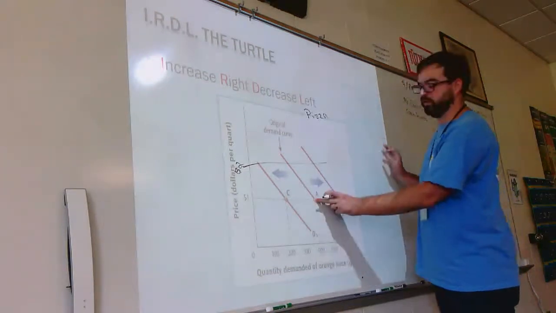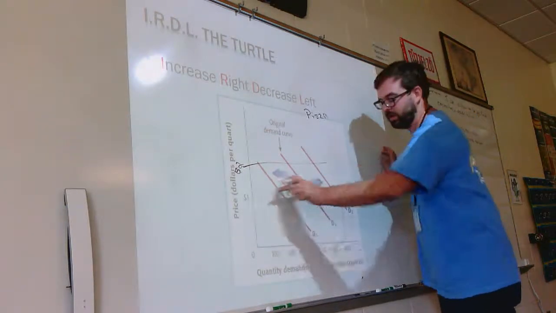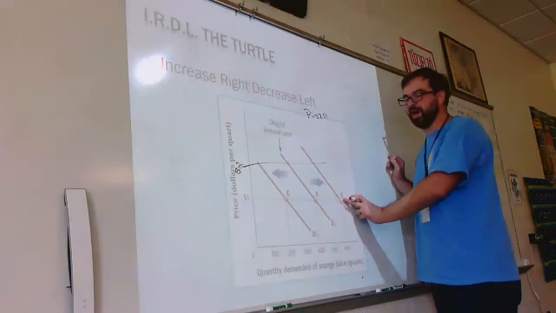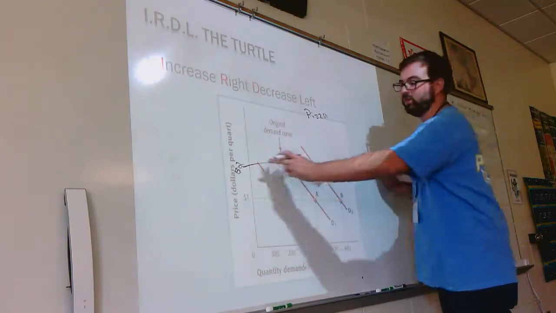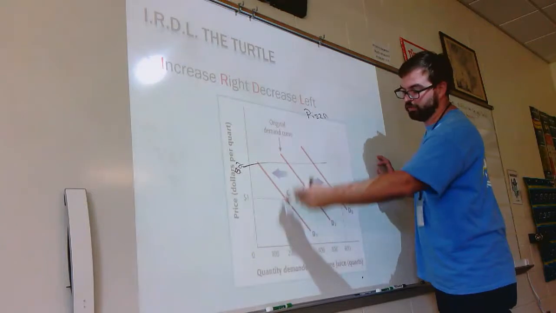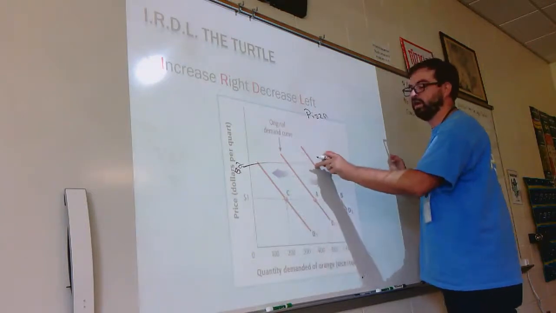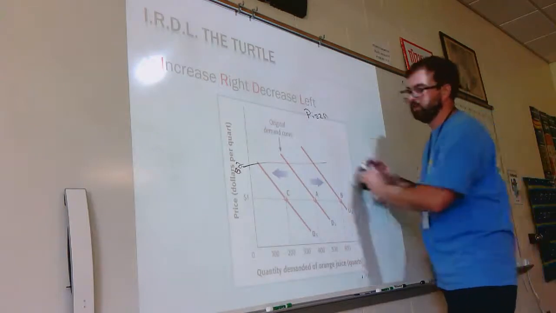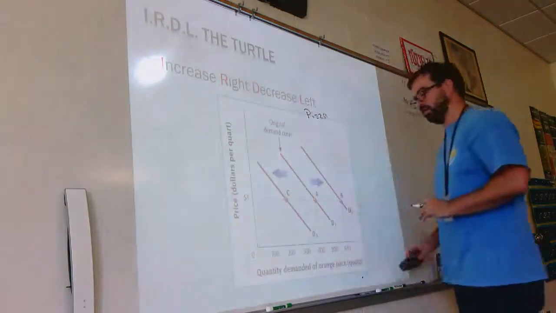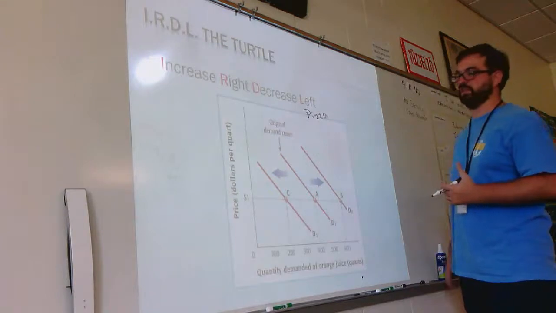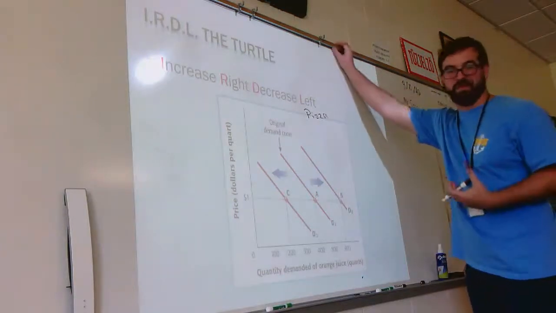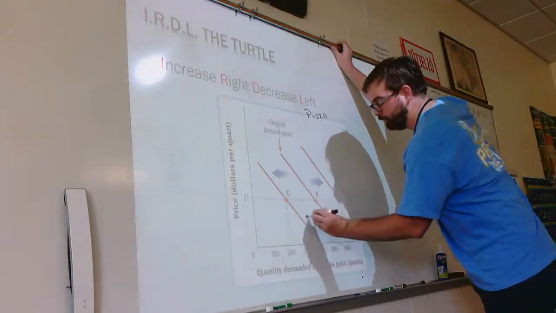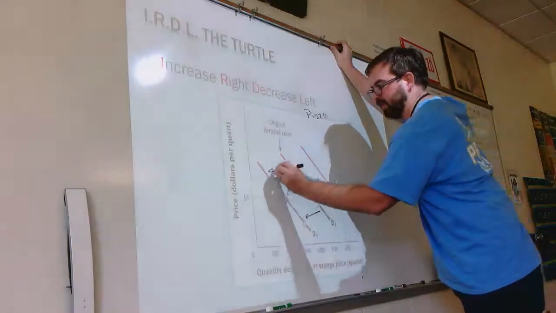Well, instead of 400 people buying a slice of pizza at $1, now more people would be willing to do that because it's shown to be healthy. Right, at $2, before maybe like 200 people would buy a slice of pizza. But if it's shown to be healthy, more people are going to do that. On the other side of it, though, let's say that all of the grease in pizza, they find out is what causes people to have acne. Right, fewer people are going to buy that pizza at every price.